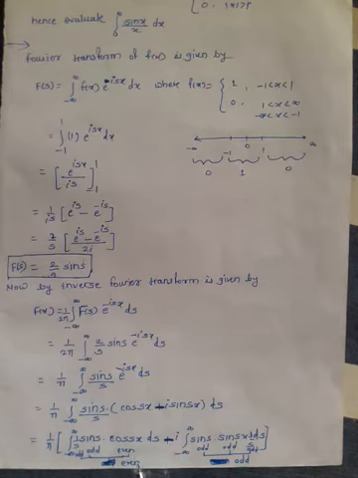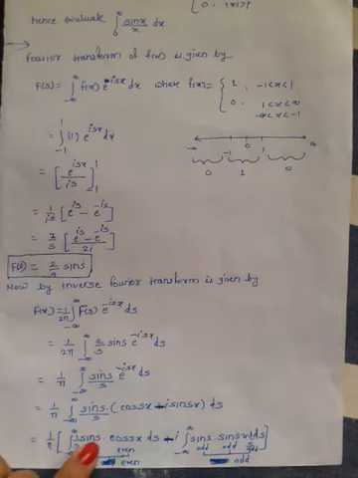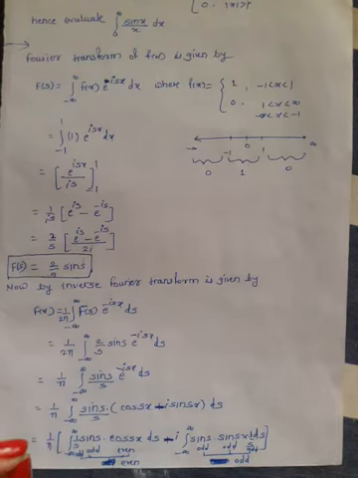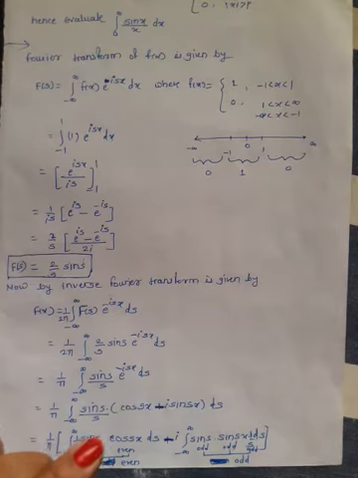To decide whether a function is even or odd, just replace s by minus s everywhere. If the function remains as it is, it is an even function. If a minus comes out of the function, then it is an odd function.